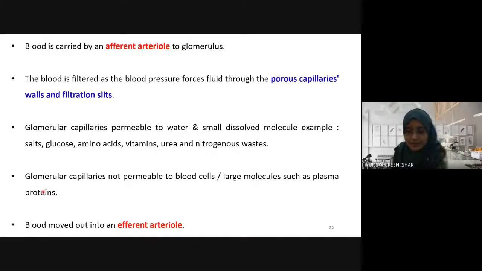Okay, so those substances will not enter into the Bowman capsule. Okay, so blood moves out into the efferent arteriole. So remember, afferent has a bigger diameter compared to efferent, that creates a high blood pressure in the glomerulus. Okay, that forces fluid to enter into the Bowman capsule as filtrate.